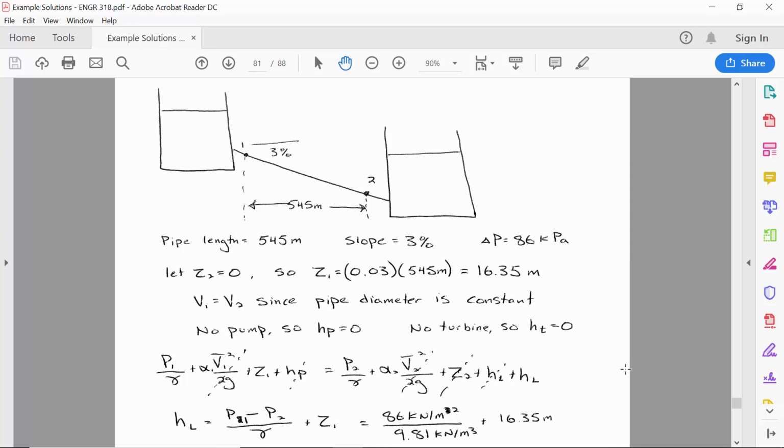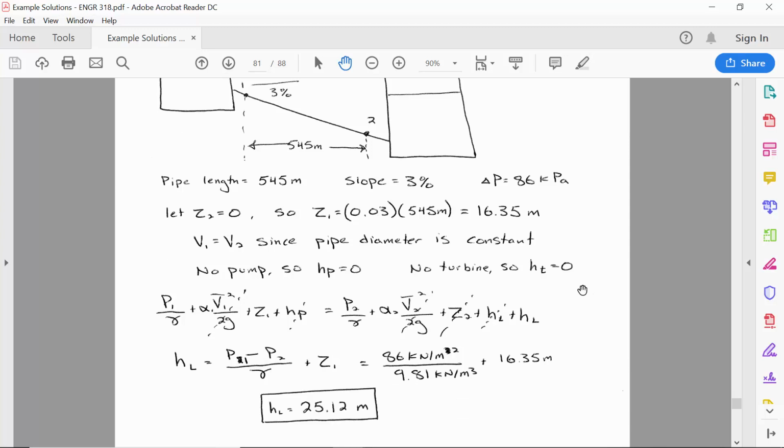And then the elevation difference of 16.35 meters means that I can now solve for the head loss, and H sub L is 25.12 meters.